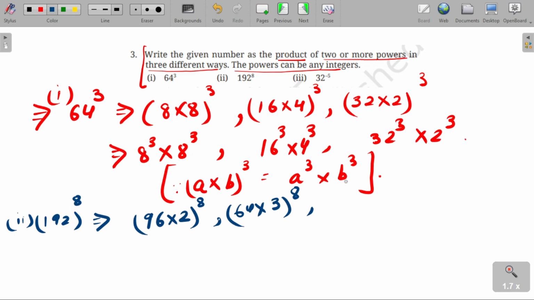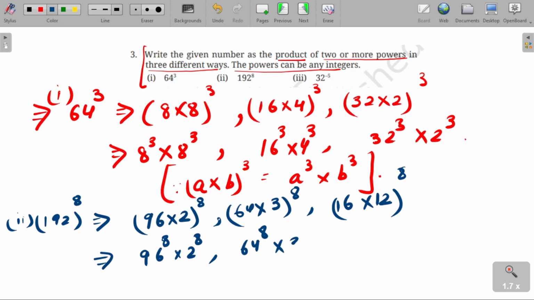Lastly, 16 into 12. You can find others also, but these are some of them. So the answer will be 96 raised to 8 into 2 raised to 8, 64 raised to 8 into 3 raised to 8, 16 raised to 8 into 12 raised to 8.